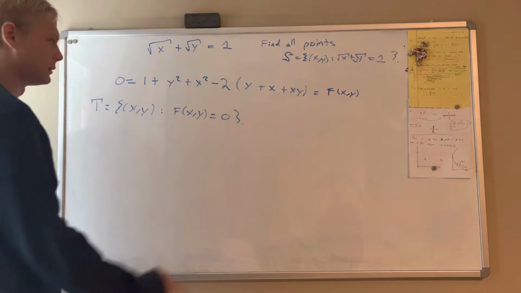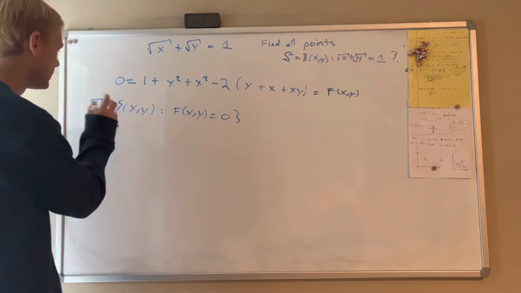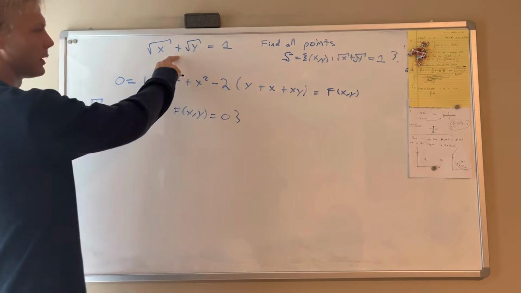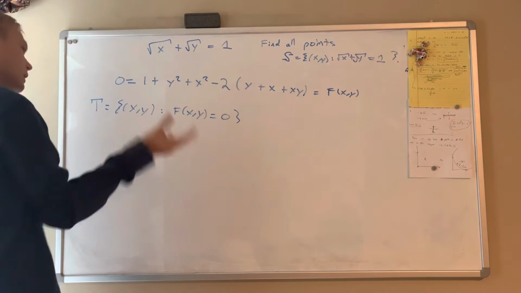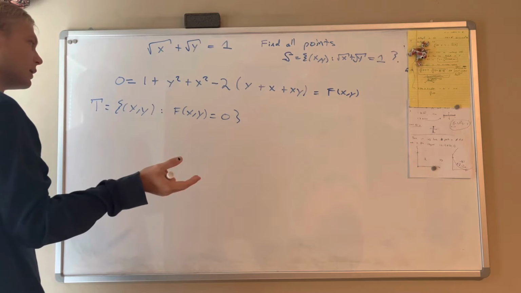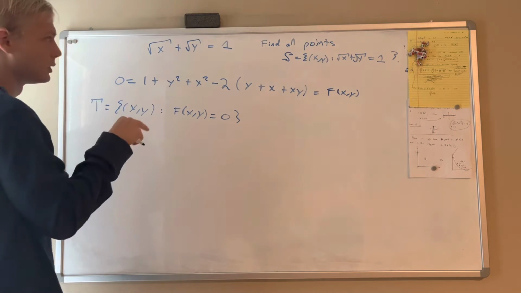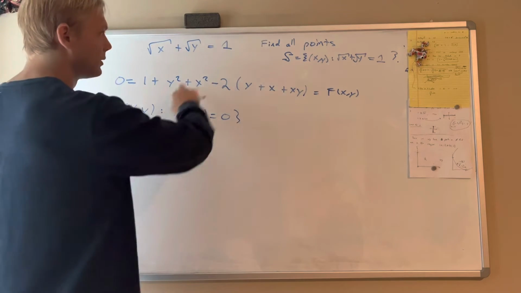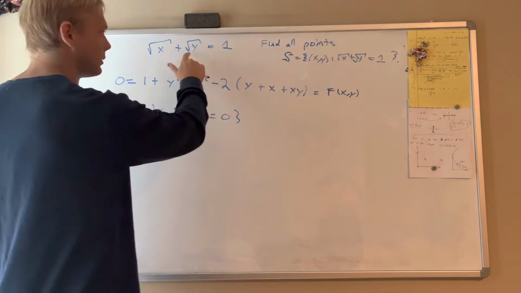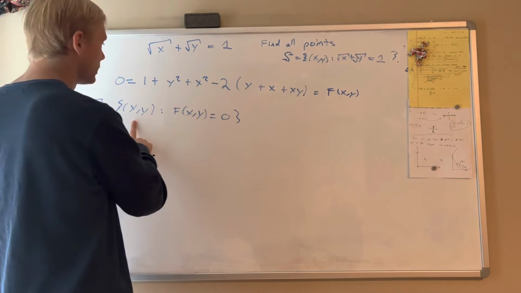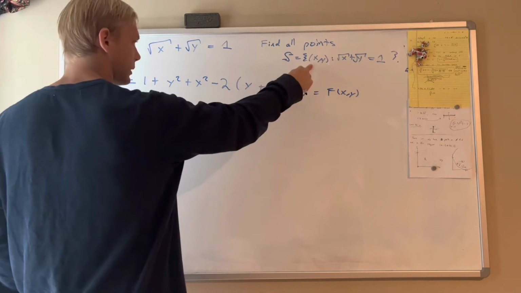And you'll see, just because this equation comes from this equation, you don't get a one-to-one correspondence of solutions of this equation to the actual equation we started with. So points in here don't correspond to all the points in here.